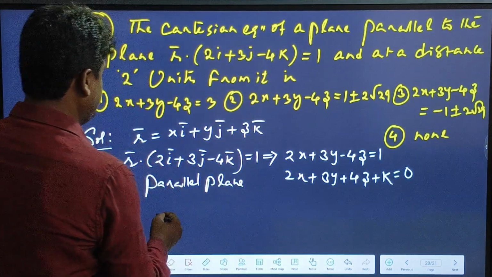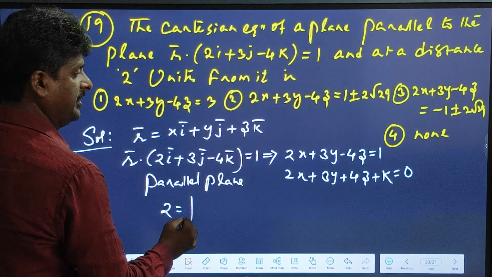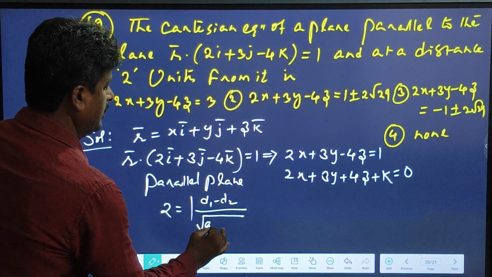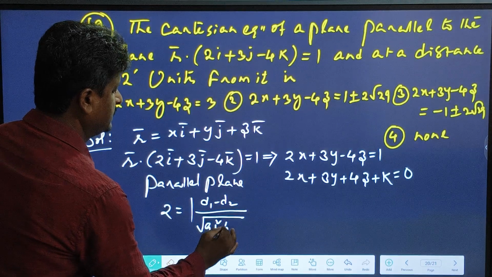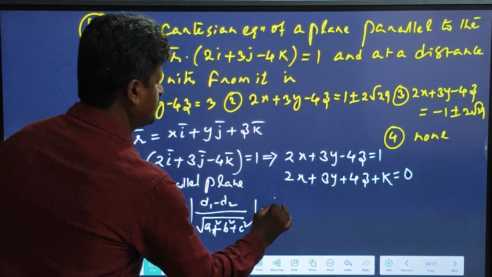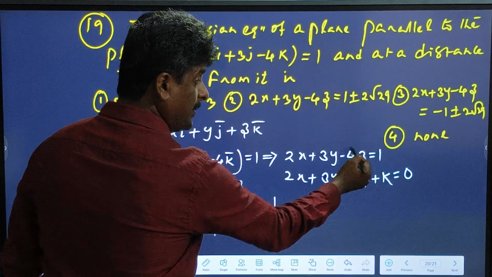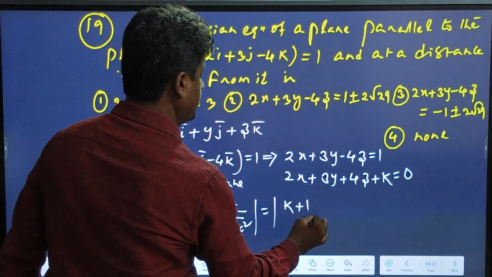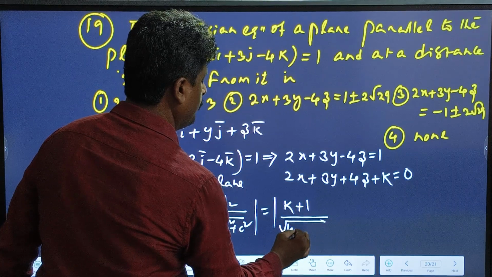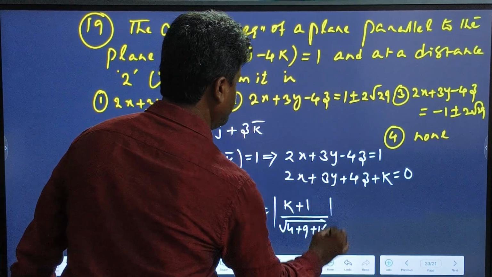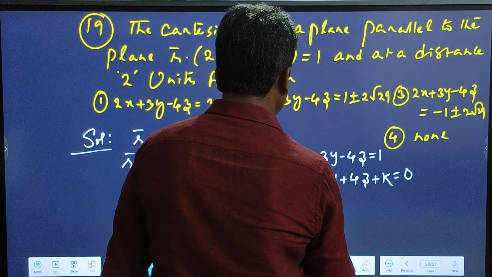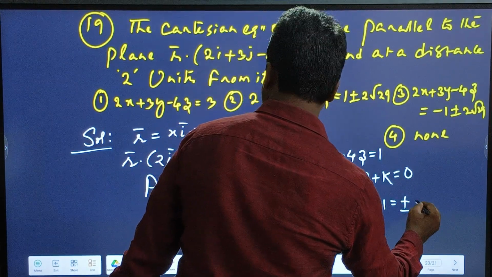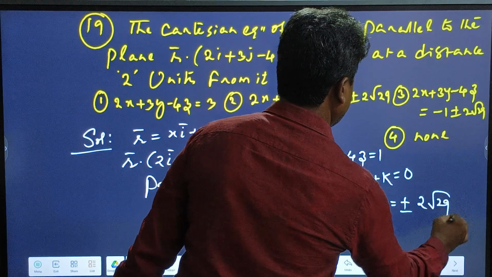The distance between these two planes is already given, that is modulus (d1 minus d2) by under root (a square plus b square plus c square). By bringing the constant term to this side it will be minus 1, so modulus (k plus 1) by under root (4 plus 9 plus 16), which is root 29. So modulus (k plus 1) is equal to plus or minus 2 root 29.